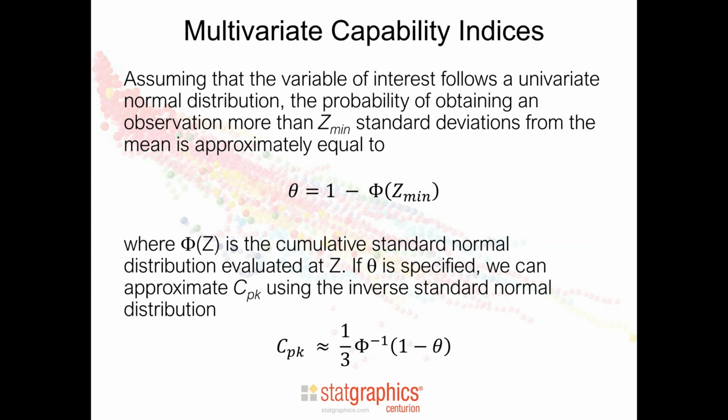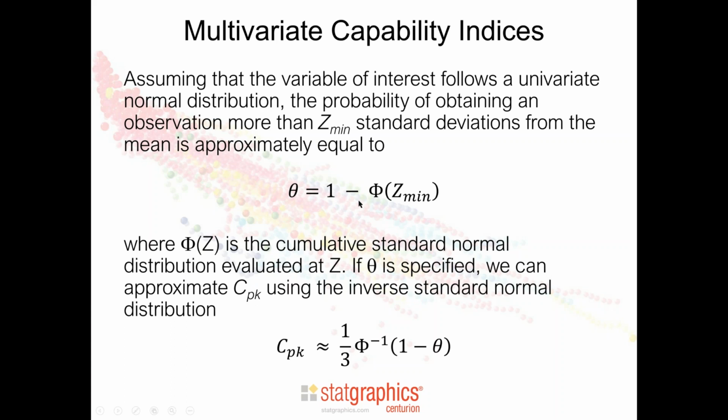Now, if we combine everything I've shown you up till now, it turns out that we can then approximate CPK as being 1/3 the inverse standard cumulative distribution at 1 minus theta, where theta can be calculated from Z-min.